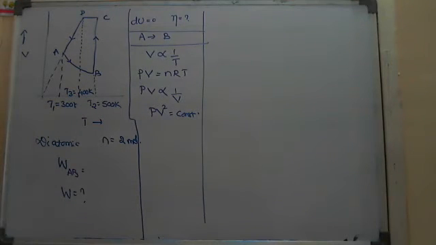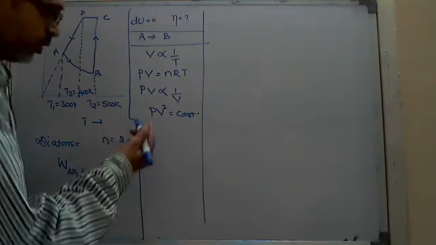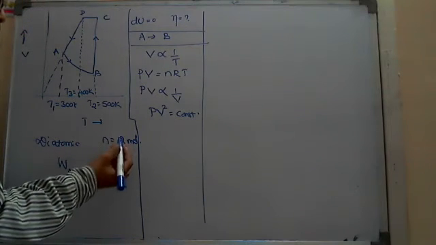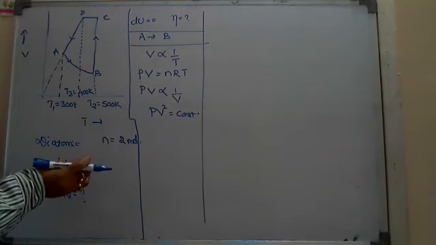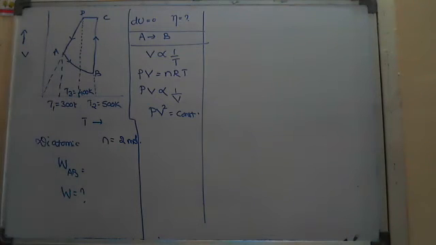So the problem here is not some known process, it is actually a polytropic process. Volume decreases, which means surely the work done should be a negative value.